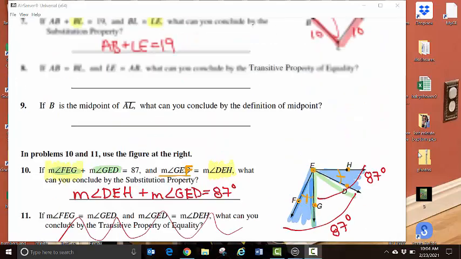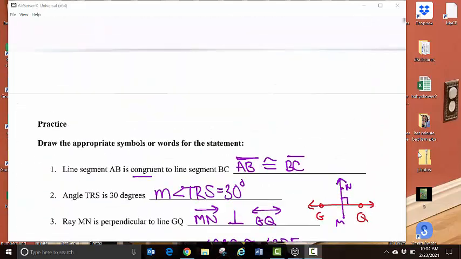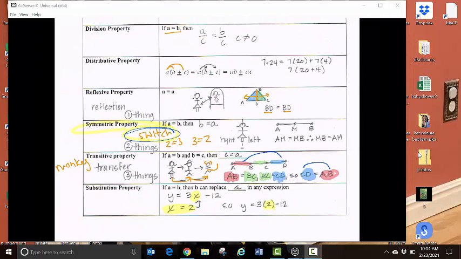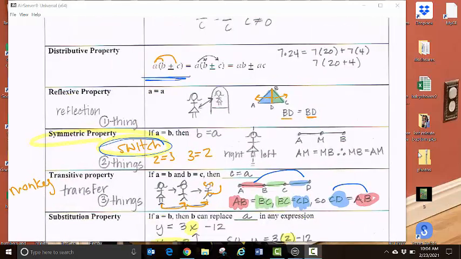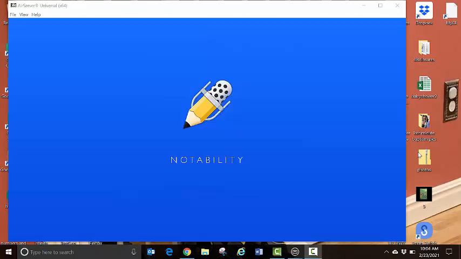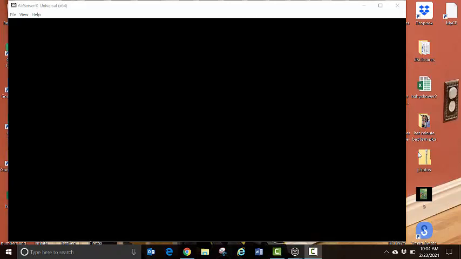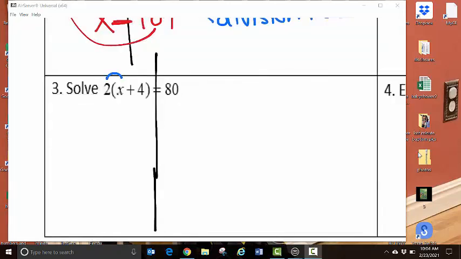Right, here's our properties from last time. We're going to use our distribution property that lets you multiply onto numbers. So using the distribution, 2 times x is 2x, 2 times 4 is 8, and we're still equal to 80.